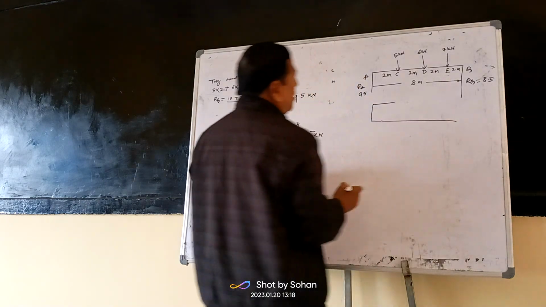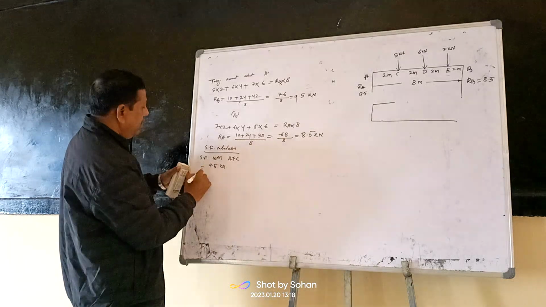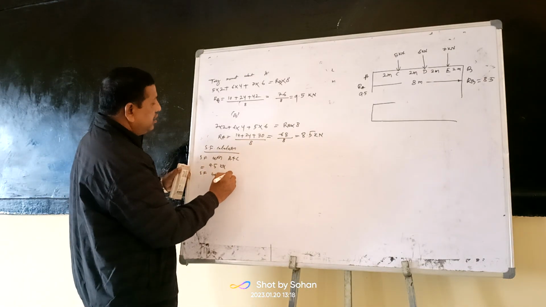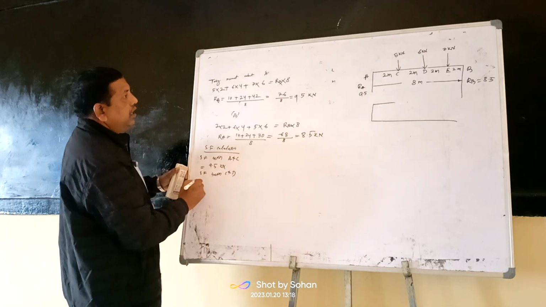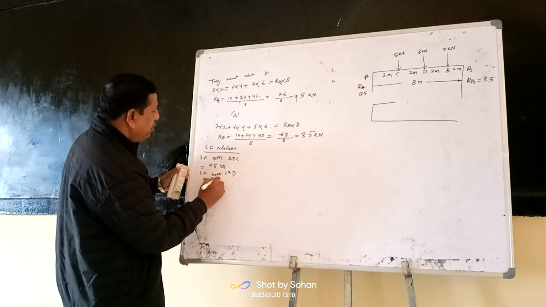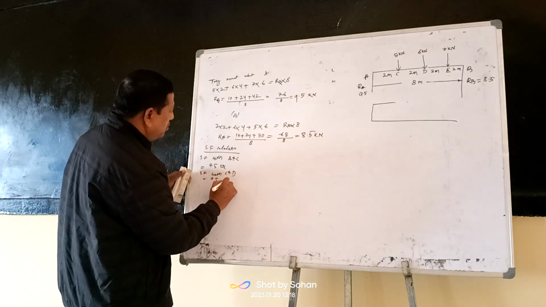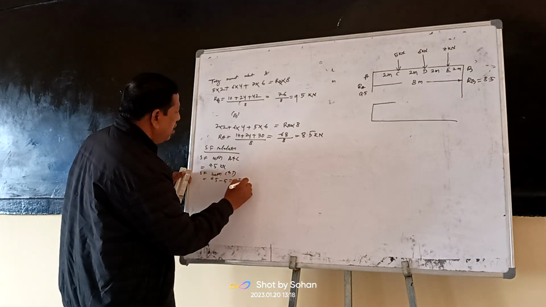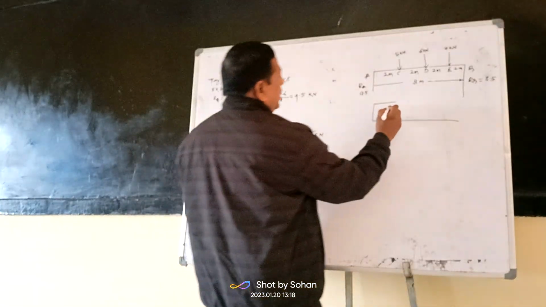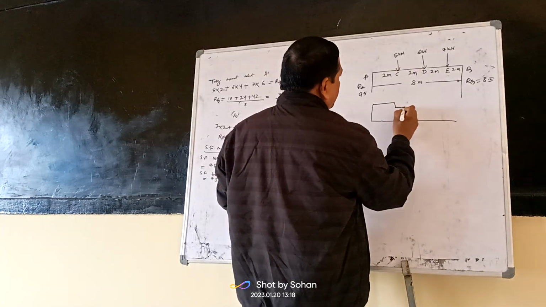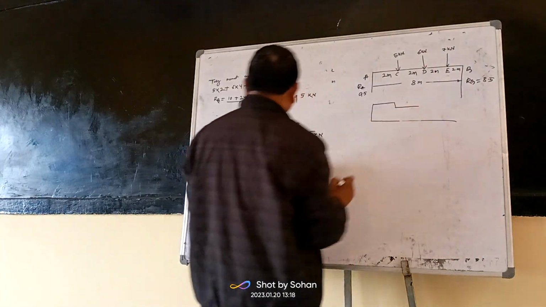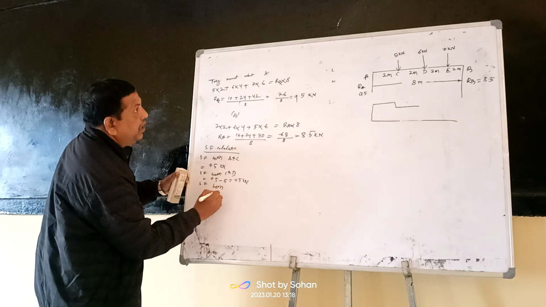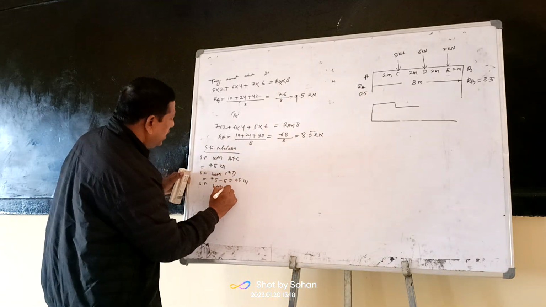Then the shear force between C and D is equal to 9.5 minus 5, which is 4.5 kilonewton.